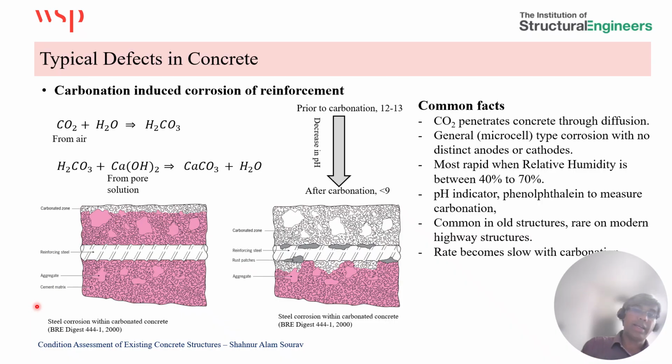As I mentioned, corrosion can occur due to carbonation. So we call this a carbonation-induced general corrosion of reinforcement. Carbon dioxide from the atmosphere can penetrate into the concrete through diffusion, which reacts with the pore water solution present within the concrete to form carbonic acid.